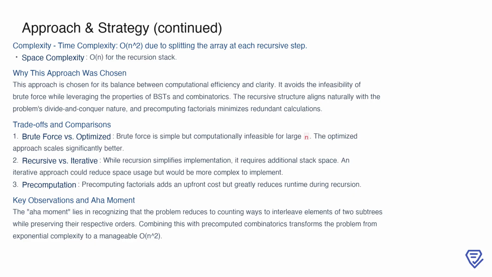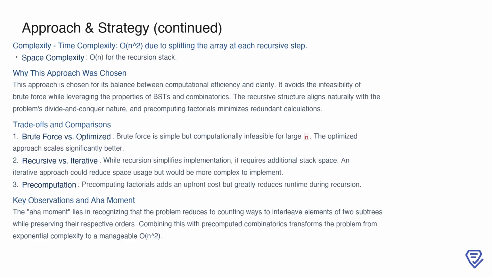This strategy was chosen because it balances computational efficiency with clarity. It avoids the exponential time complexity of the brute force method by leveraging the structural properties of BSTs. The divide-and-conquer approach aligns naturally with the recursive nature of the problem, while pre-computing factorials reduces redundant calculations. However, there are trade-offs.